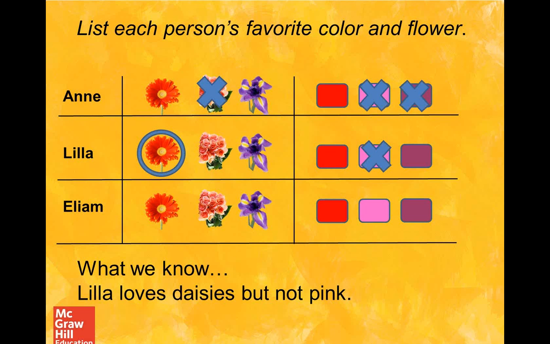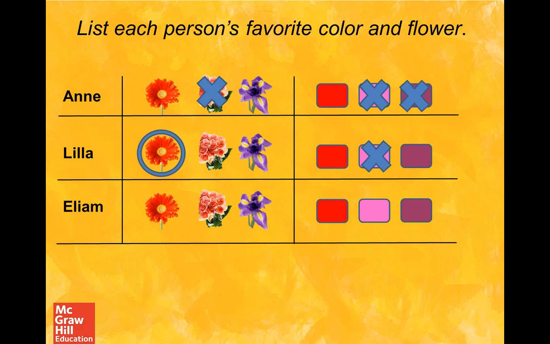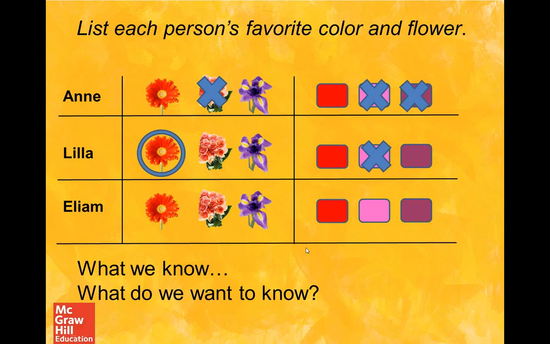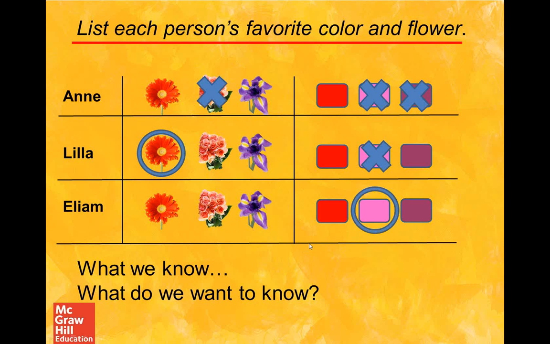So in this particular case, from the chart we can see that only one person could possibly like pink because that's the last left. What we want to know is the person's favorite color and flower, and we see that one person could only like pink, and that would be Ilium, because the other 2 choices are blocked out.